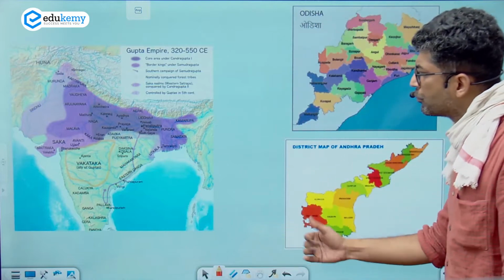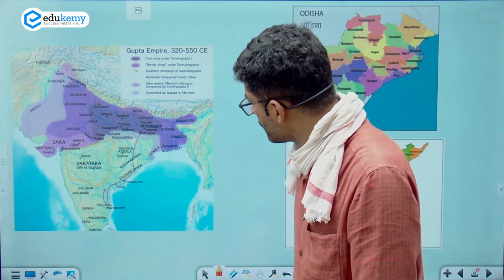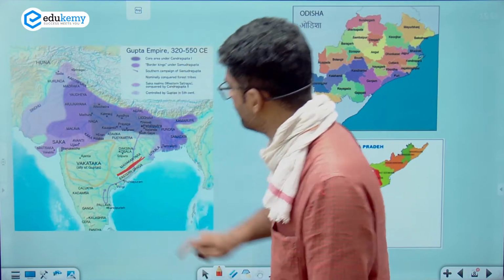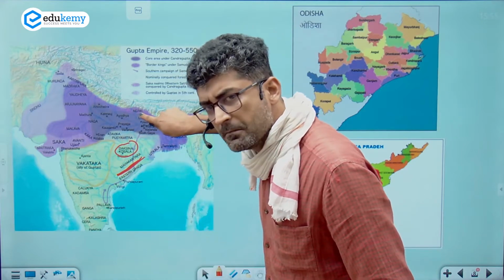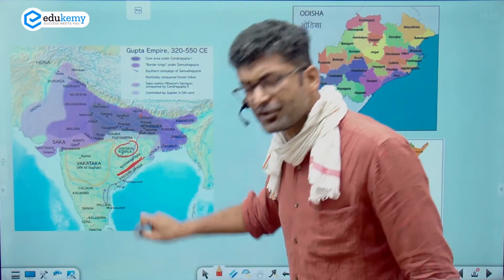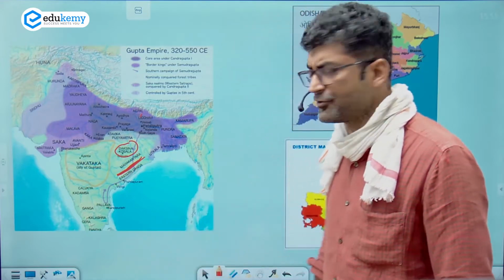This is another map of the Gupta Empire, just to give you guys some idea. This is Mahakantara. Can you see that? Dakshin Koshal. There is a Koshal in northern India as well, right? Koshal of Ayodhya. And then there is the Dakshin Koshal, which is primarily your northern Odisha region.